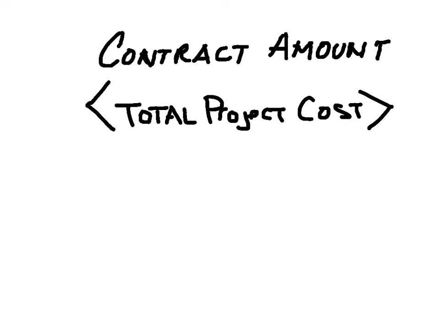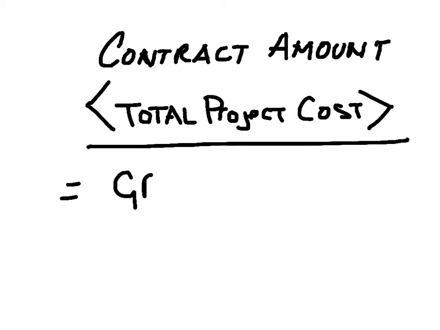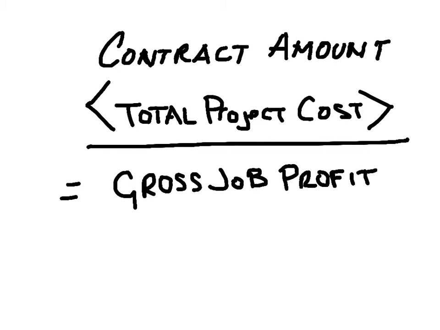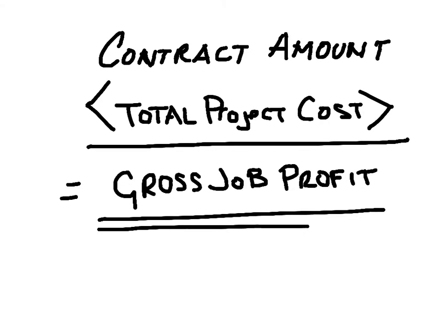The contract amount minus the total project cost would equal the gross job or project profit. Of course, this formula assumes that the contractor collects all the payments due up to the contract amount and that he properly accounts for the project cost. Still, it is a fairly simple approach to determining gross job profit.